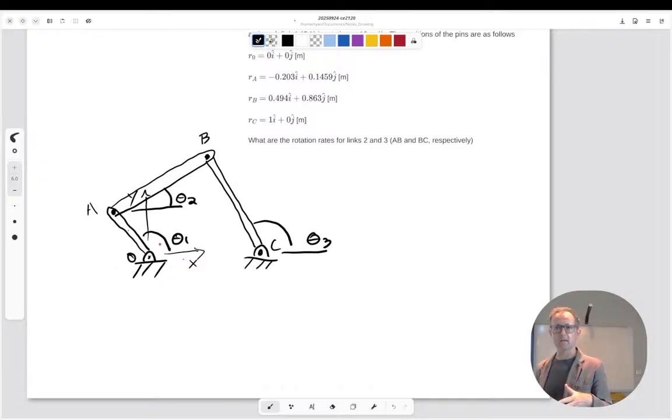That way your location is always a cosine theta and a sine theta. Cosine's always your x component, sine is always y component. You can do it however you want, but it's a nice format that keeps track of a lot of the bookkeeping.